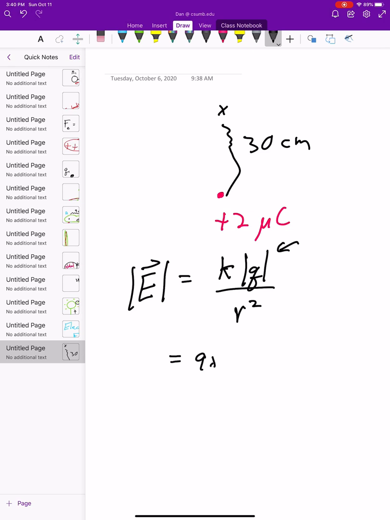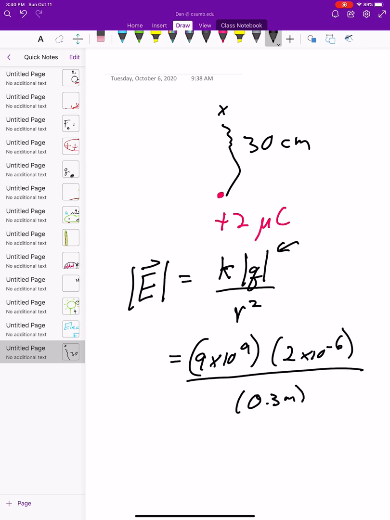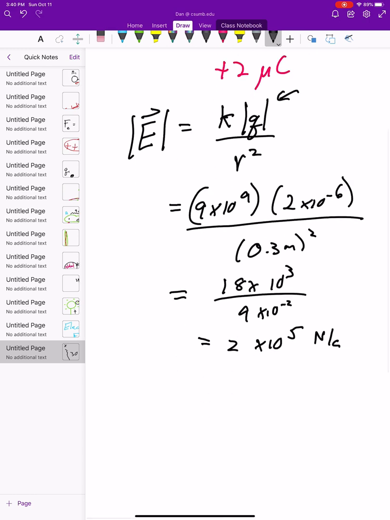So that's 9 times 10 to the 9th times 2 times 10 to the minus 6, divided by 30 centimeters, which is 0.3 meters, squared. On top I have 18 times 10 to the 3rd. On the bottom I have 9 times 10 to the minus 2. So this gives me 2 times 10 to the 5th newtons per coulomb. That's how strong the electric field is.